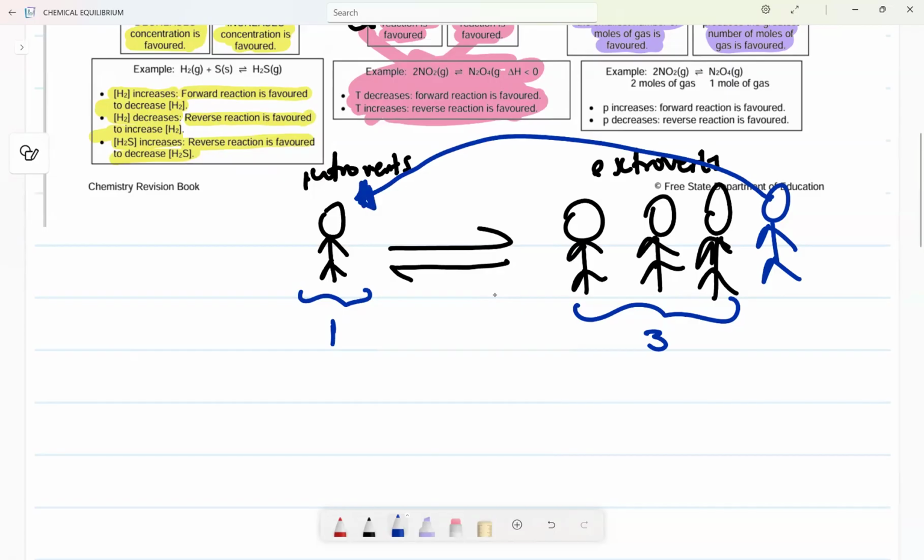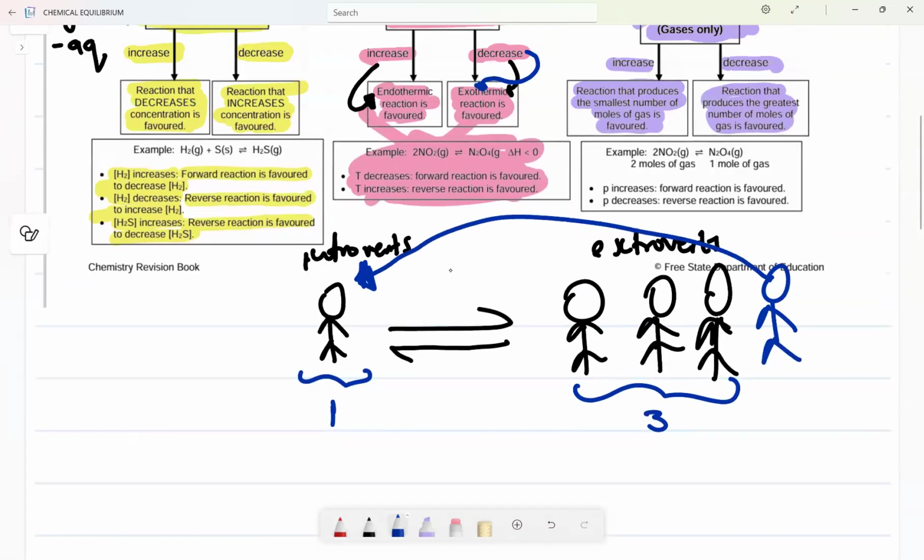This is what Le Chatelier will do: take this increase to the lesser side. It says that if there is an increase in pressure, the reaction that produces the smallest number of moles of gas is favored. Which reaction is that? The one that leads to fewer people. So in this case the reverse reaction will be favored.